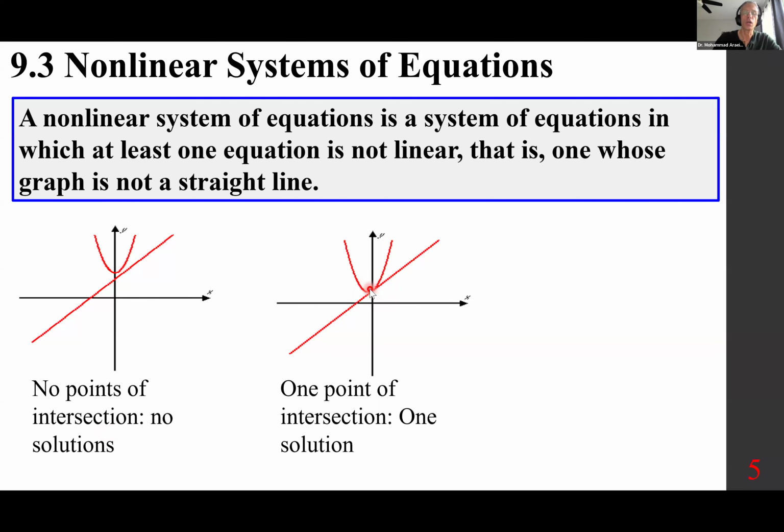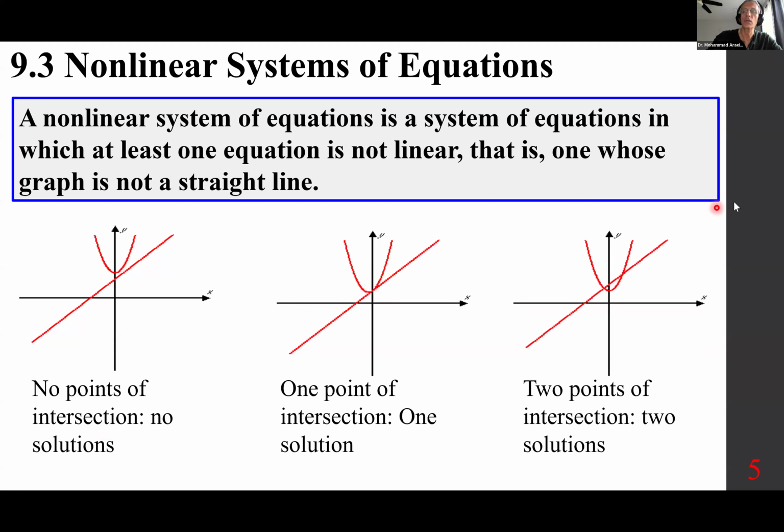Same situation, there is one point of intersection, therefore one solution. In this case, the line crosses the parabola at two different points, 2 points of intersection, therefore two solutions.